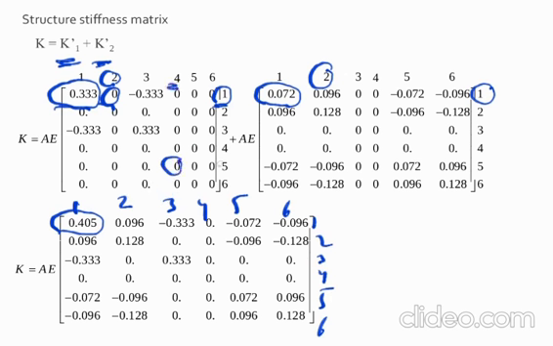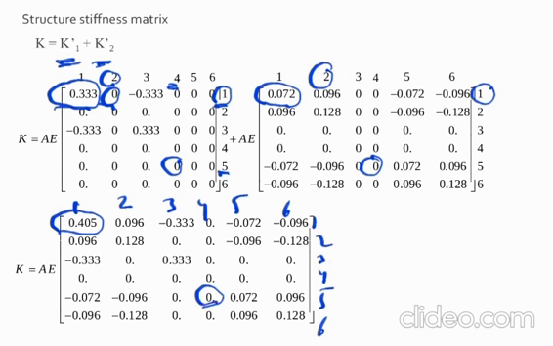This is global 4, and this is 5. We have 0 in member number 1, and we search in member number 2 for 4 and 5. It's equal to 0, so 0 plus 0 will be 0.